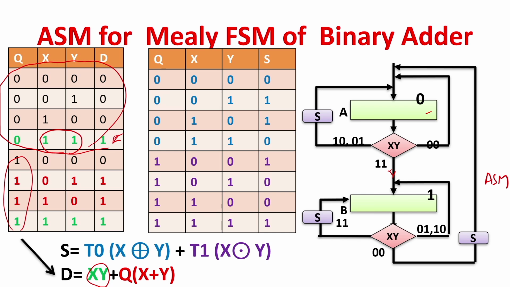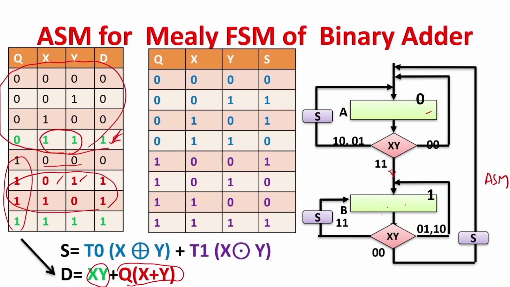Clearly, for 0 cases we are going to state A, and for the rest of the cases, the 1 cases, 10 and 11, we are going to the same state again. So, this is q equal to 1, red part q into x plus y, and this green part we already covered. So, the next state logic D will be x y plus q into x plus y.